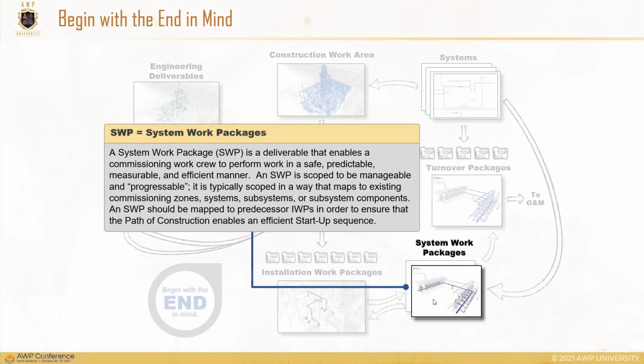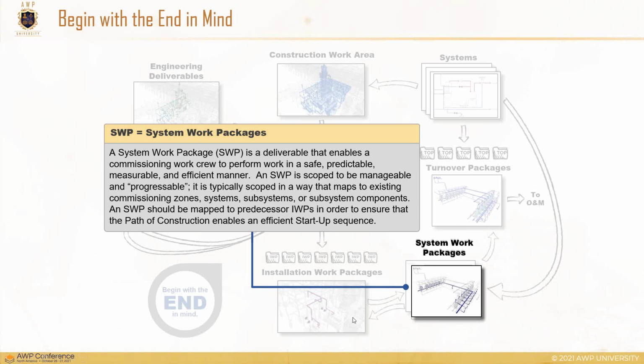System work packages are often sized based on test extents. So say if it's a piping system work package, you might go from flange to flange in a test environment so that you can track that grouping of pipe is ready for testing and others. So there's multiple different drivers behind the system work package scoping. They are subsets of systems themselves. They are affected, obviously, in their schedule by the turnover packages and when the turnover is supposed to happen.